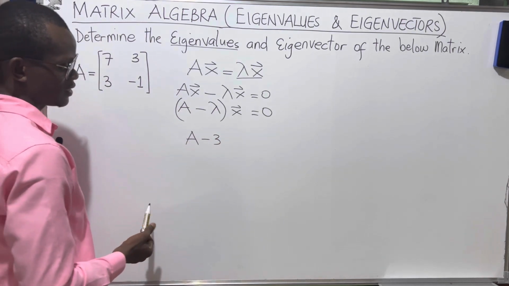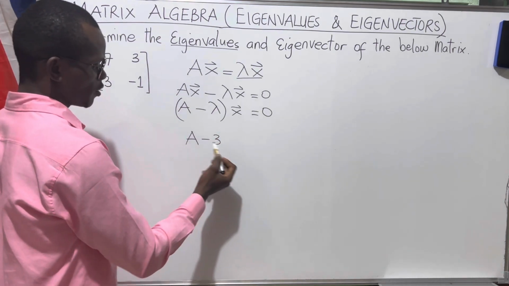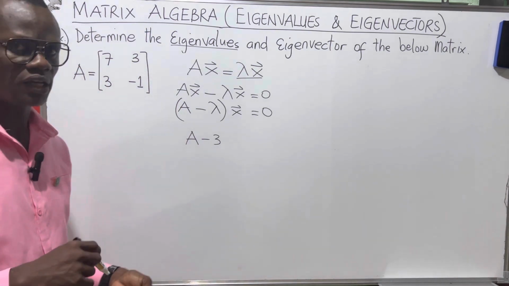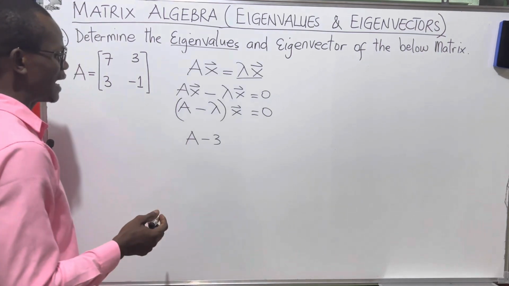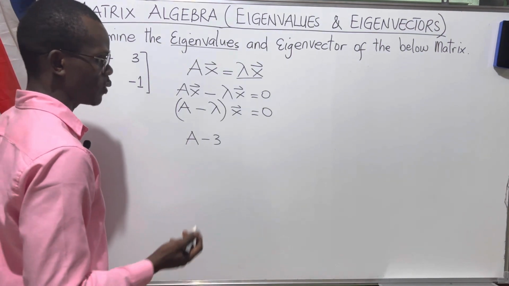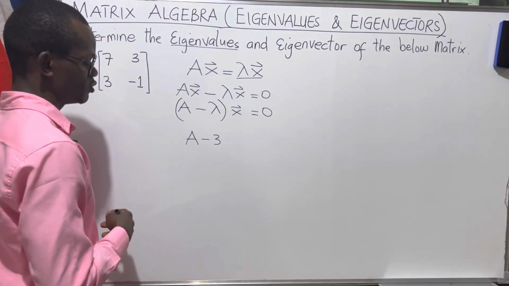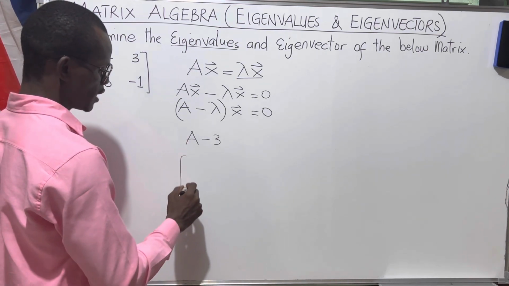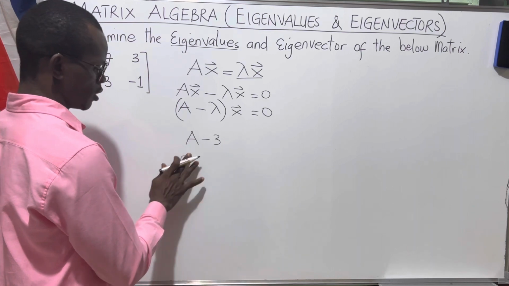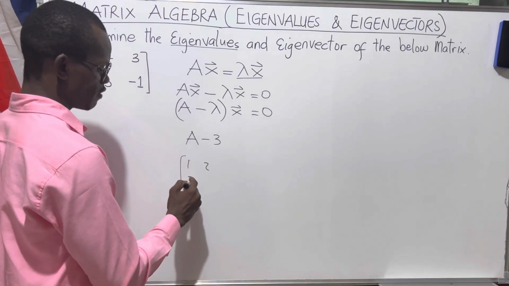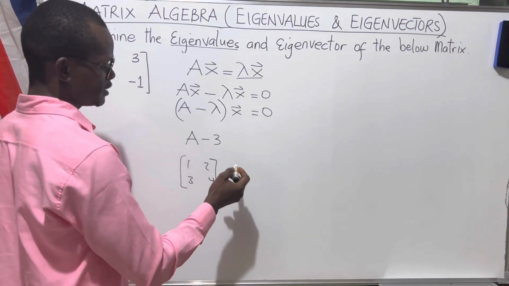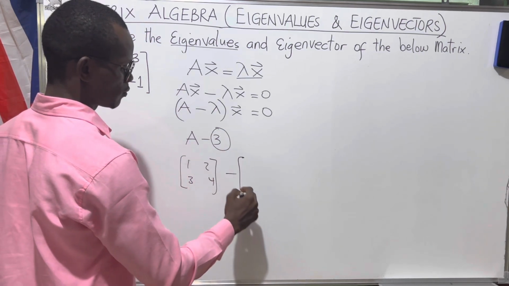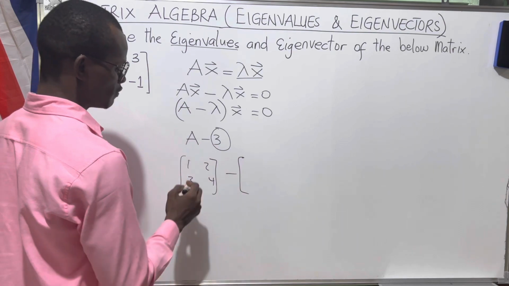Since we cannot carry on this operation, because when we are doing matrix operations, especially matrix addition and matrix subtraction, the dimensions must be the same. If you watch our previous videos, you will learn that better. So if you have matrix A to be a 2 by 2 matrix, like for example 1, 2, 3, and 4, then the next element must be a matrix, and it should also be of the same dimension.